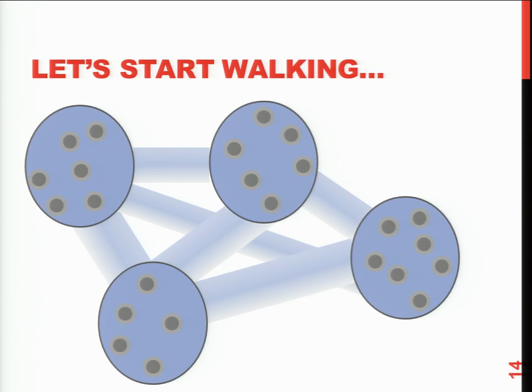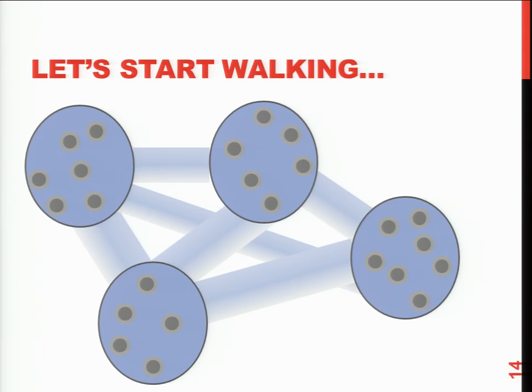This is a random walk, which means that at each node you look at all the edges which are incident to you and take one of them with equal probability. Intuitively, what you could do is start taking a random walk and then see which of the nodes you visit most.